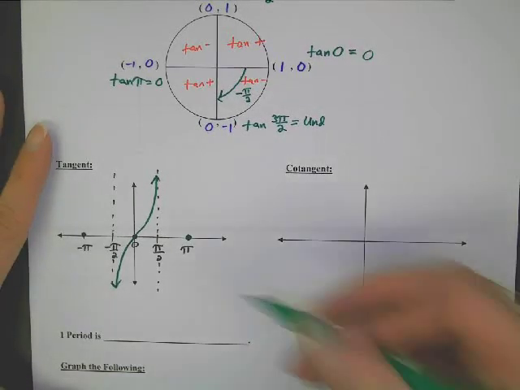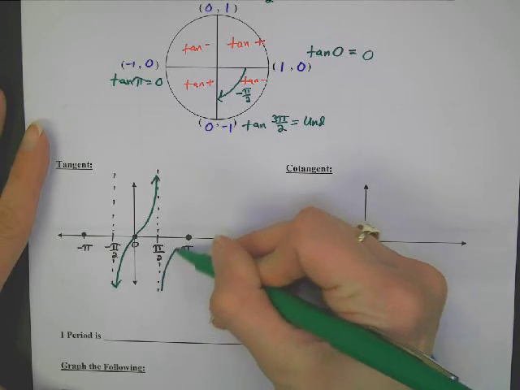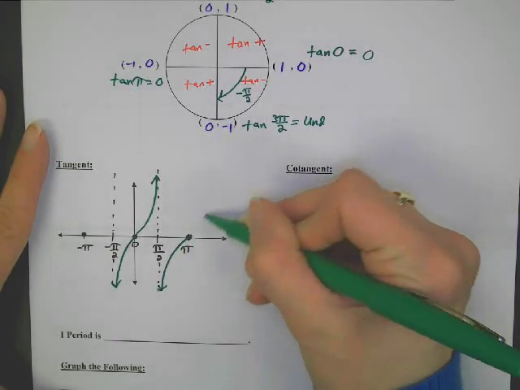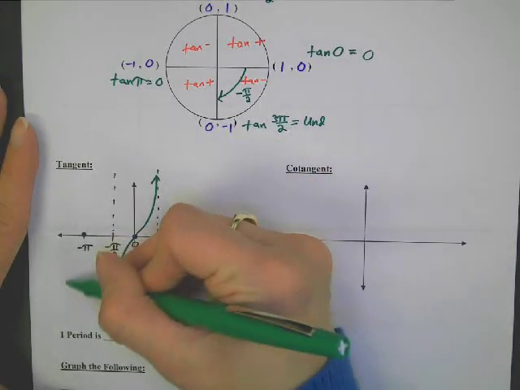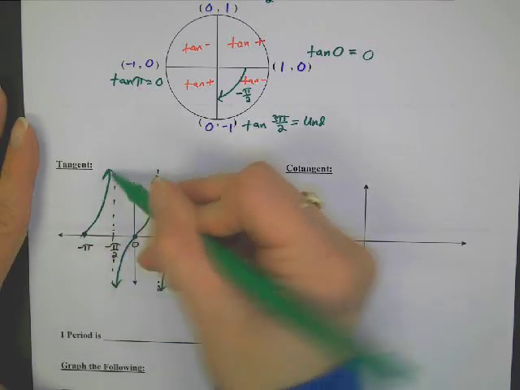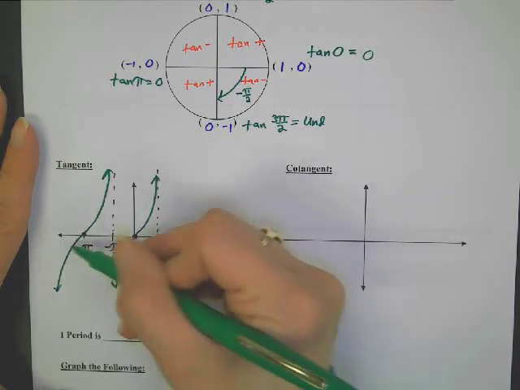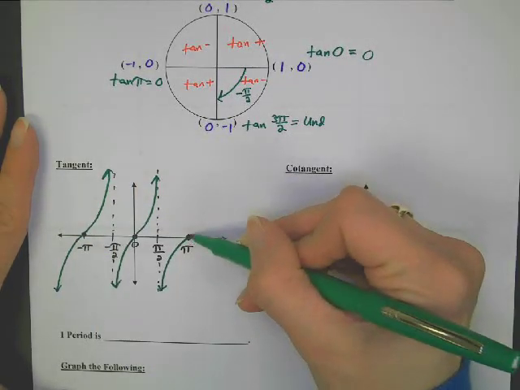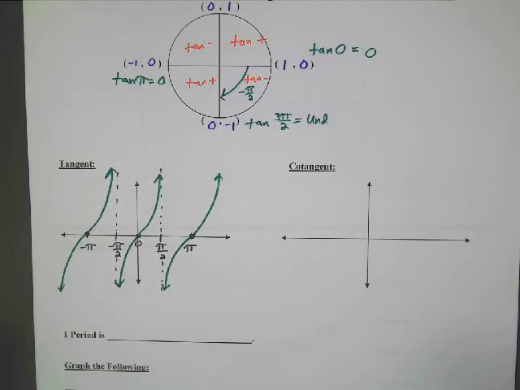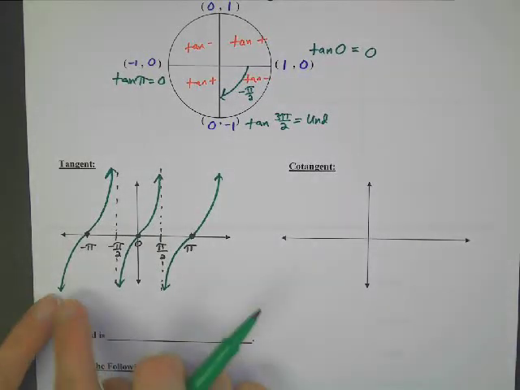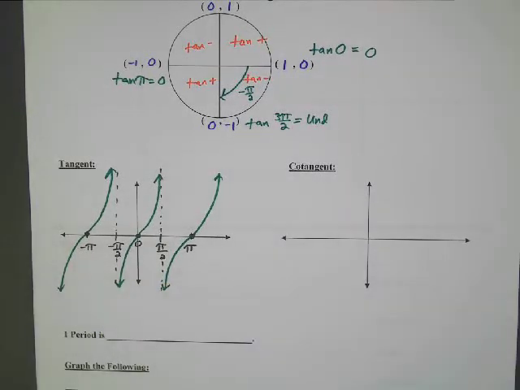So we're going to need to draw a couple more. Here's another one. If you want to finish more, you can. What I recommend is drawing the entire branch, because sometimes when people draw halvesies, they end up drawing it the wrong way. I actually just drew 3 periods of tangent.